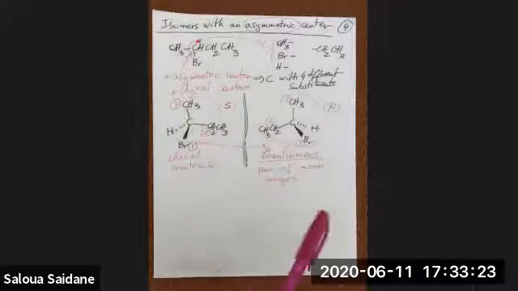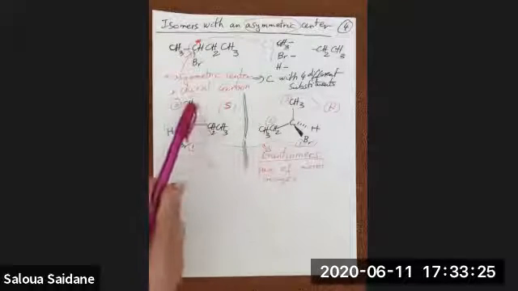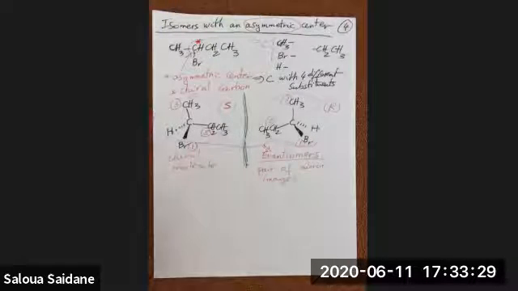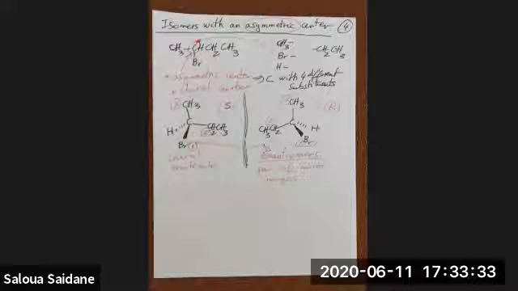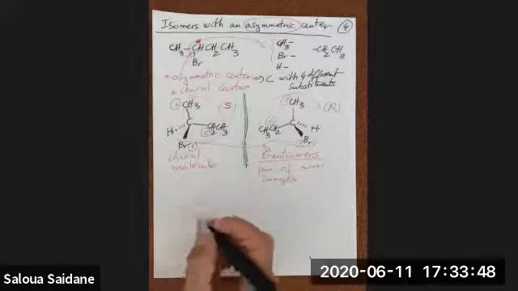So first step, prioritize your substituents, and then you're going to rotate 1, 2, 3, assuming that your number 4 is in the back. Now, what if the number 4 is not in the back? What do I do? So I'm going to bring another example, and I want you to look at this.